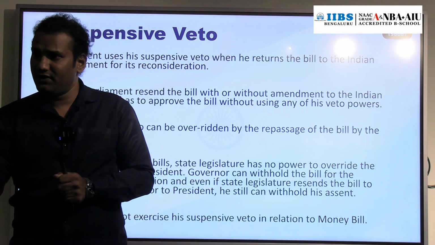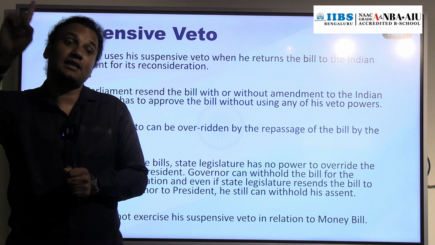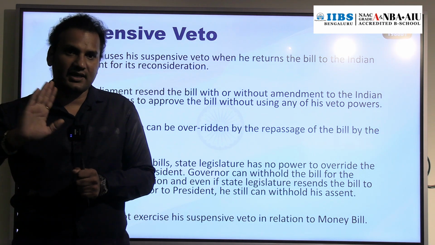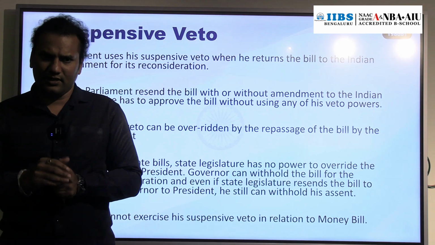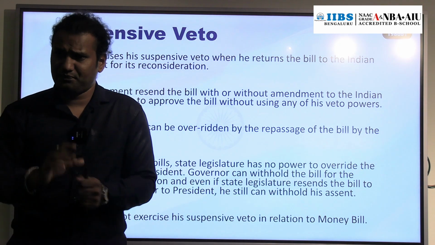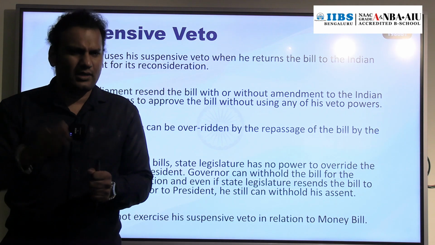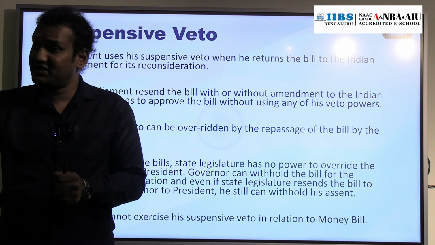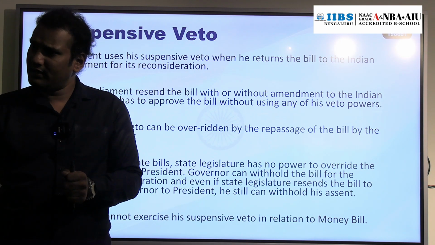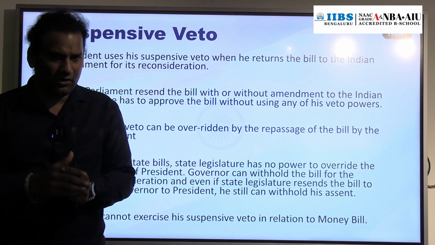But in suspensive veto, the president returns the bill. He does not reject it. He returns the bill for some changes. He can tell the Houses of Parliament to make some changes in the bill. Then once the president returns the bill, the bill again goes to its respective houses.